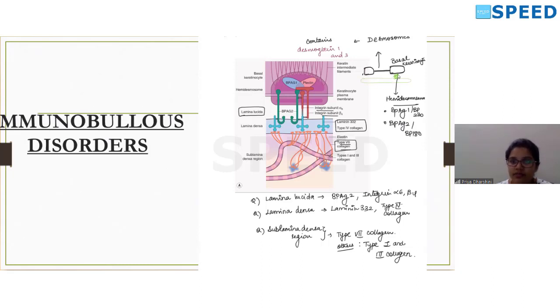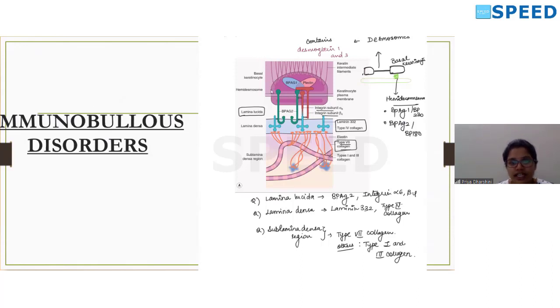This is a basal keratinocyte layer, and in between the basal keratinocyte layer and the basement membrane, what we have is a structure called hemidesmosome. This hemidesmosome has two proteins called BPAG1 or BP230, and BPAG2 or BP190. So these two are the components of hemidesmosomes. So this is a hemidesmosome.